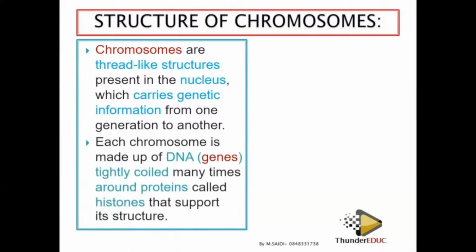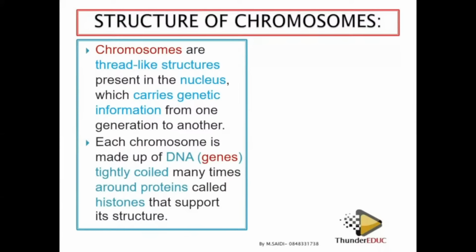Yes. Each chromosome is made up of DNA. We saw this, that DNA and genes are almost the same thing, but on a different scale. So these DNA or these genes are tightly coiled many times around a protein called histones.